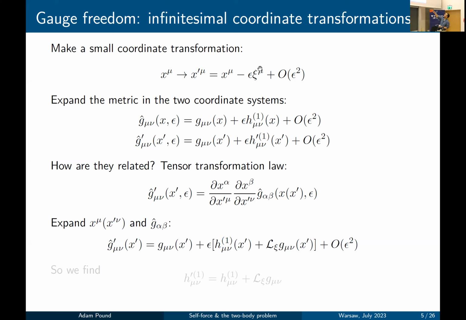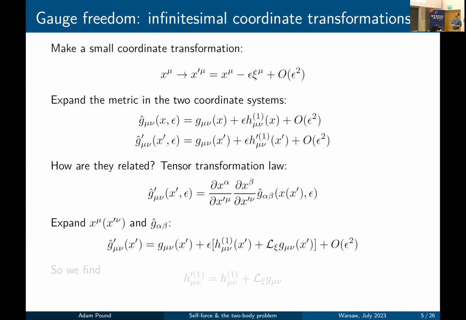So if we take this equation and just move the xi to the left-hand side, then we have the old coordinates in terms of the new ones. X as a function of x prime. And that's what appears inside the metric on the right-hand side here. And similarly in the Jacobian, you're taking derivatives of x with respect to x prime.